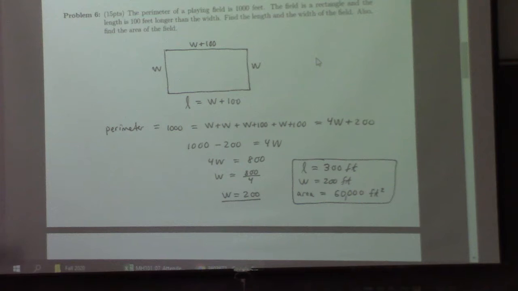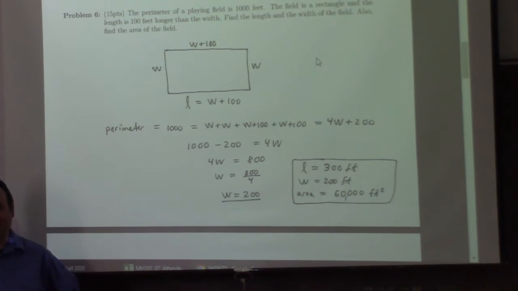More than one of you got this right without doing a bit of algebra. Shame on me for making the numbers so easy. Some of you just looked at it and figured the answer is 200 and 300. I looked at the papers, and I'm like, they're not cheating, they're just thinking. Dang it, I made it too easy.